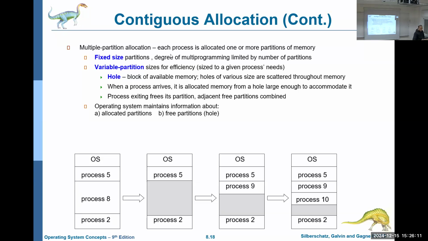Okay, so we've defined already what a hole is. We have holes of various sizes that are scattered throughout the memory. When a process arrives, it is allocated memory from a hole large enough to accommodate it. You can't give it a hole that's too small, except, in a certain sense, we could.